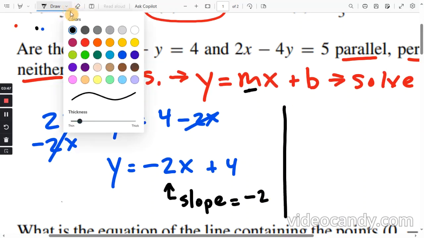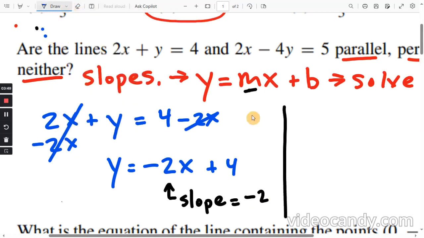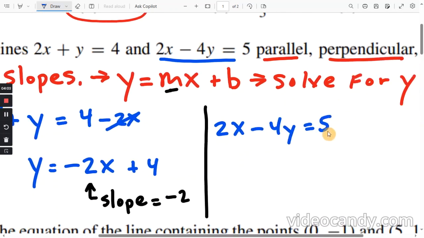Now we're going to do the same thing with the other equation, 2x minus 4y equals 5. We want to solve for y. The opposite of positive 2x is negative 2x. We do that to both sides, and it cancels here. This is y times -4.